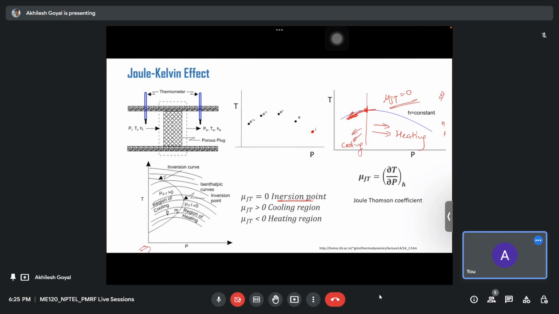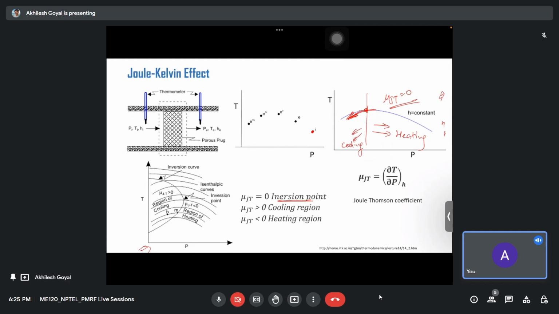Okay, so this is how the cooling effect occurs in the refrigeration cycle in the expander or expansion valve. So this is based on the Joule Kelvin effect.